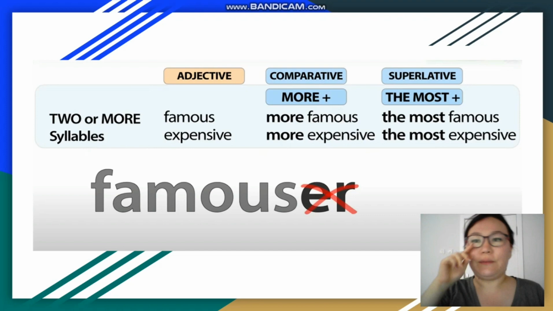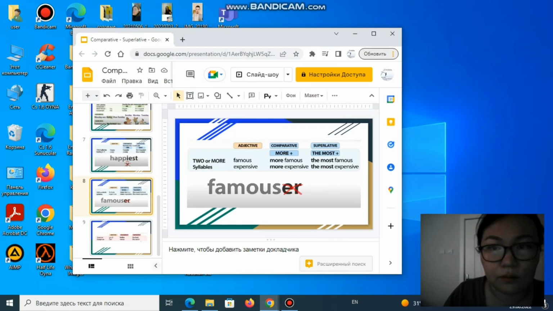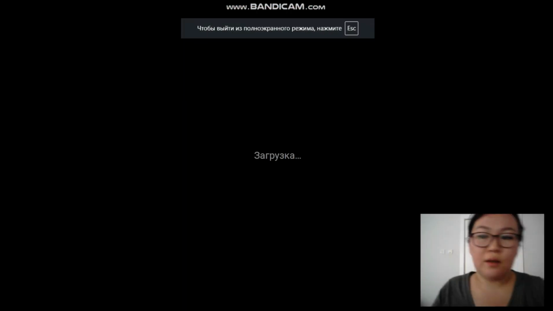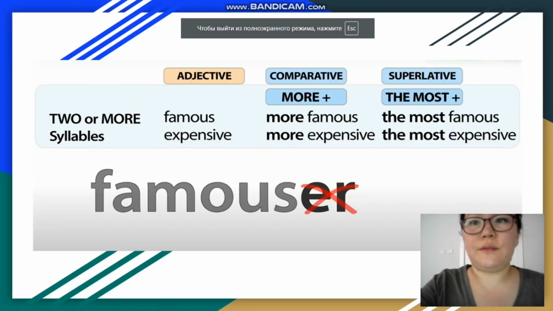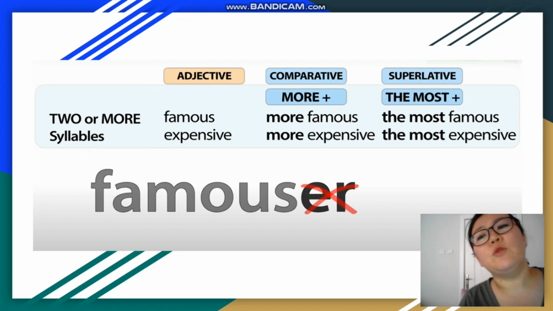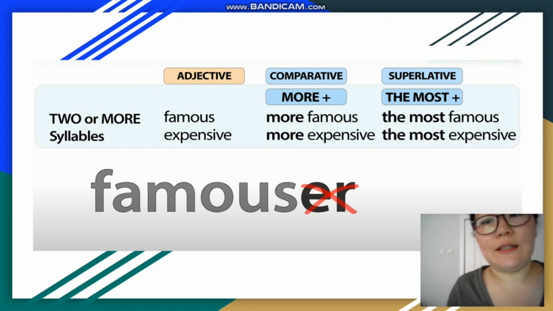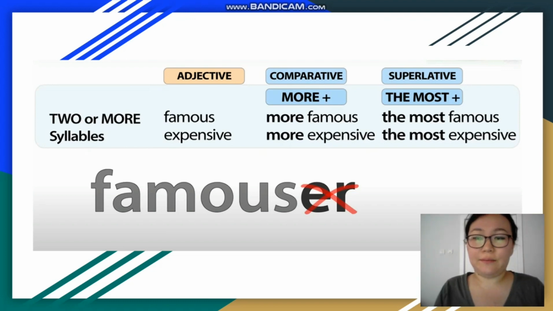Everyone knows a car is more expensive than a bike, and the plane is the most expensive way to travel.